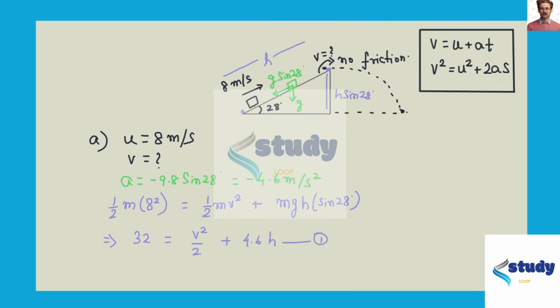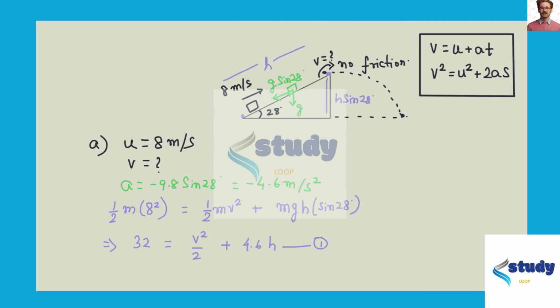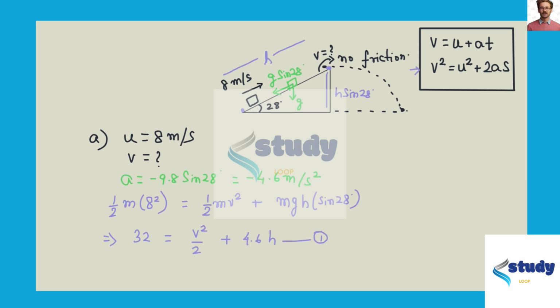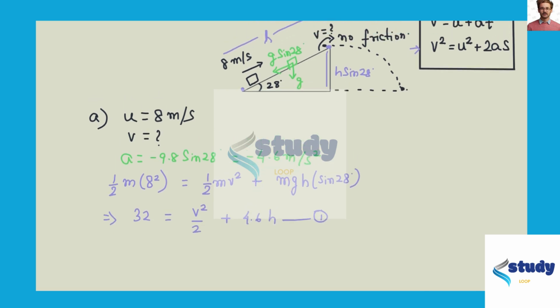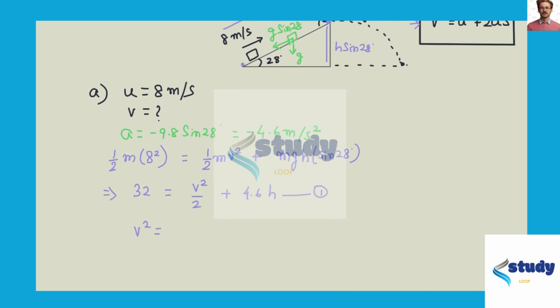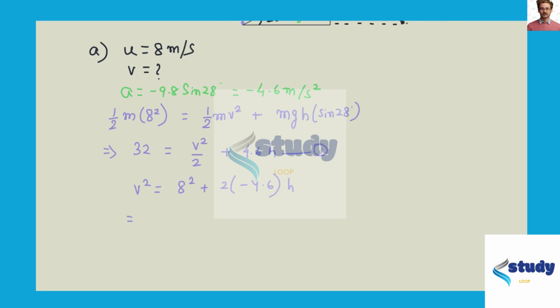Now we use the formula v squared equals u squared plus 2as. Putting in the values, v squared is 8 squared plus 2 times the acceleration, minus 4.6, times the displacement. So v squared will be 64 minus 9.2 h.